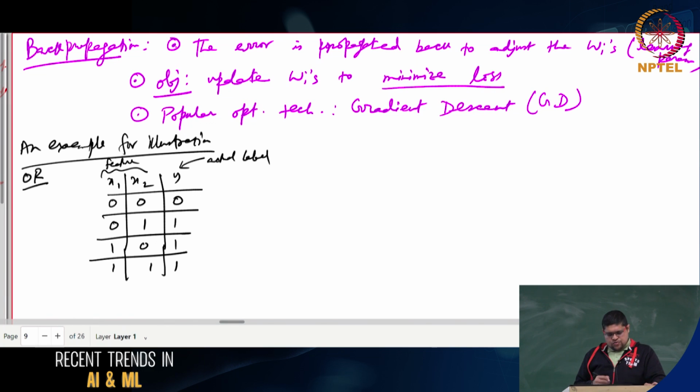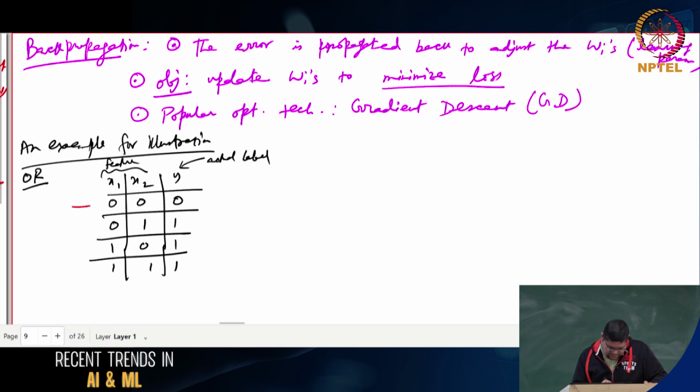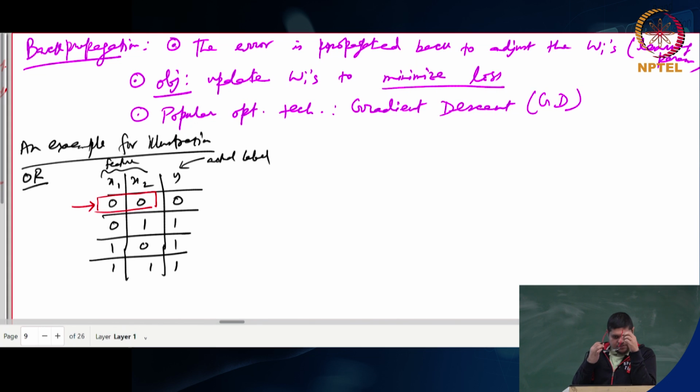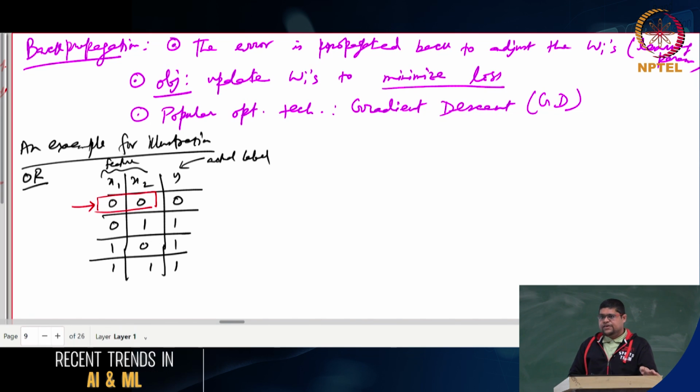I will show you only this one sample, and our objective will be to label it as 0. In the computer we will perform it at one go in terms of vectorization, but here we will see the mathematical background.